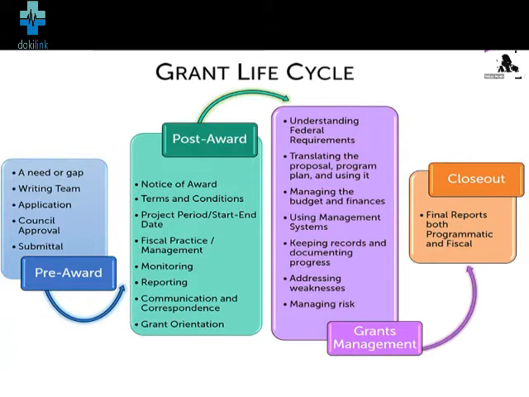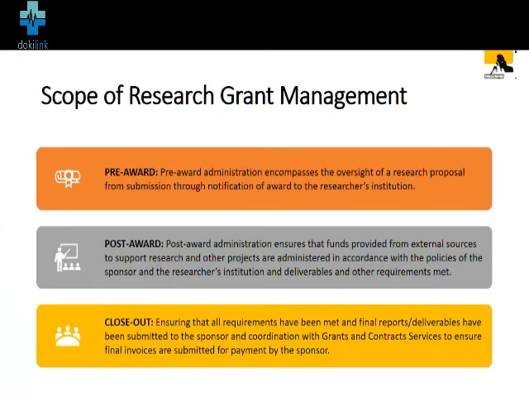All of that will come in during the post-award phase. And finally, you want to close out the grants. In other words, you want to feed back to the funders the reports and the deliverables that are expected of you.